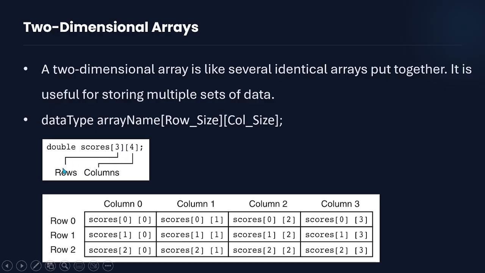The 3 goes for the number of rows. So in this example, we have row 1, row 2, row 3 with index of 0, 1, and 2. And then the columns, there are 4 columns, which are going to have index of 0, 1, 2, 3. So the data we have here are actually telling us the index of each element of the array, right? So this is a two-dimensional array.